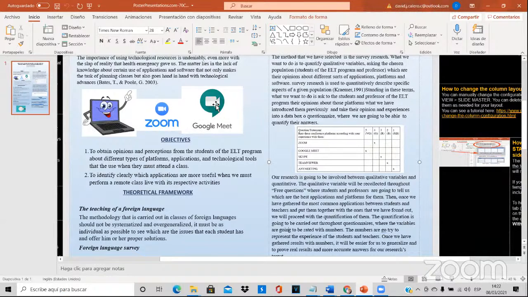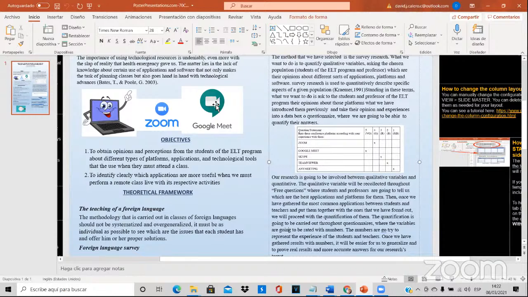Well, yes, I consider that it is an objective, because we want to know which application platforms and technological tools are the best. And I think that the opinion and the perception is more than a procedure.